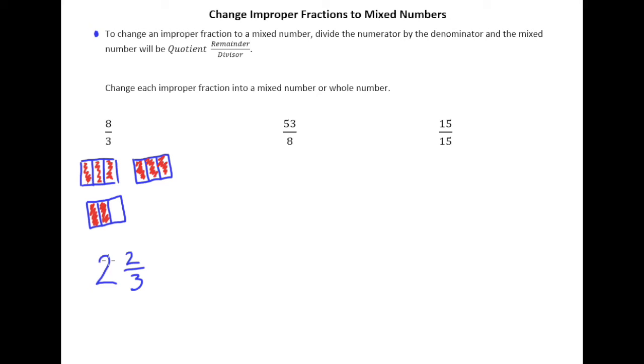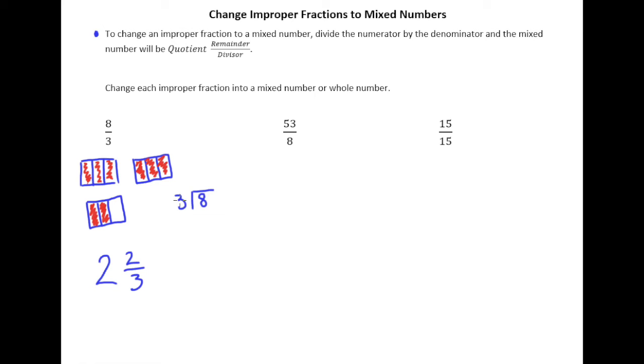Now let's look at what the process up here is describing, and then we'll reconcile the two. It tells us to divide the numerator by the denominator. The numerator is 8, and we're going to divide that by the denominator, which is 3.